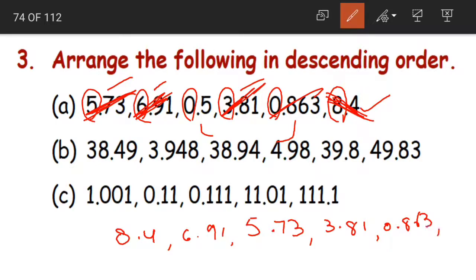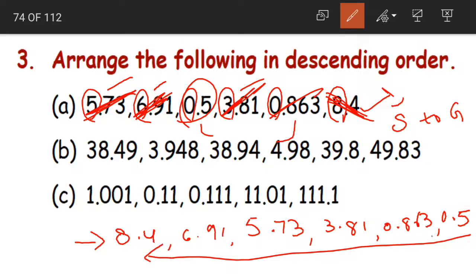And lastly, what are we left with, children? We are left with 0.5, which is our last and the smallest decimal number among the given ones. Clear? This is the descending order for the first question. And what about ascending order? Ascending order means writing from the smallest to the greatest.